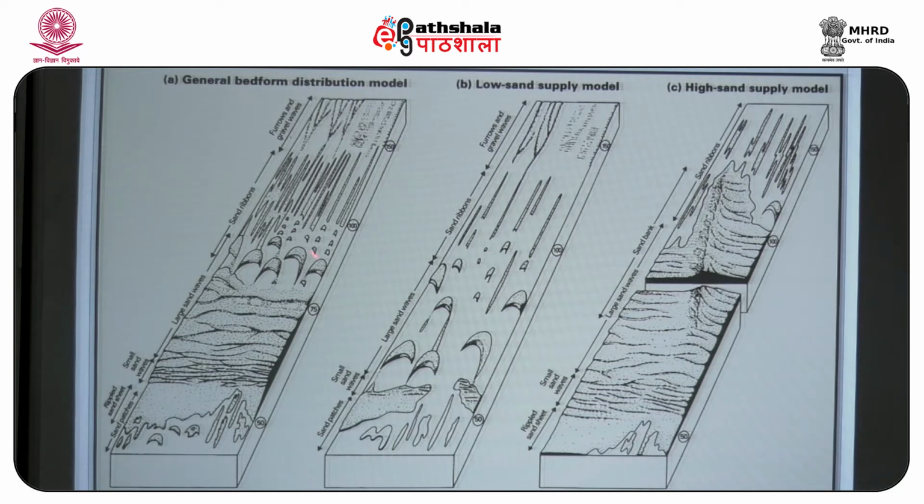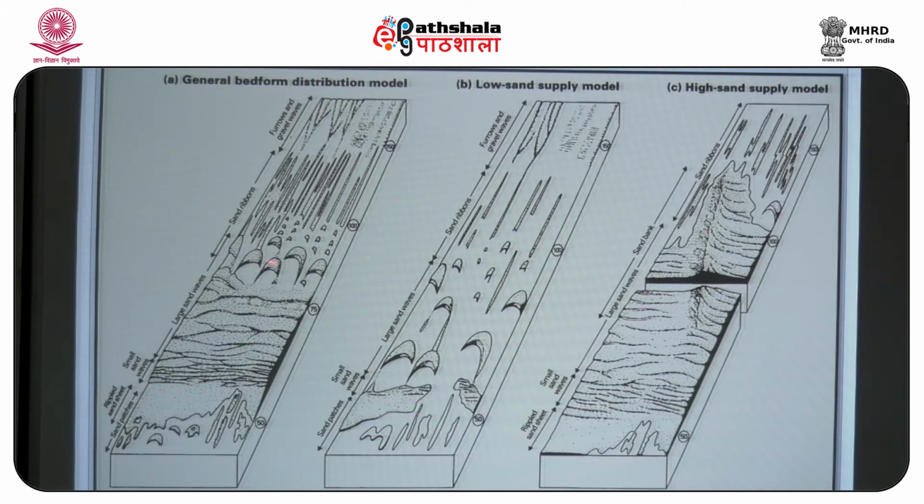You can see that most of the bed forms are oriented perpendicular to the shore, that is according to the direction of tide and ebb. These crescentic dunes are followed by these ridges and then sand flat. This area is mostly sandy, that is within the upper shoreface, then this area is lower shoreface and this area is the mud dominated offshore region.